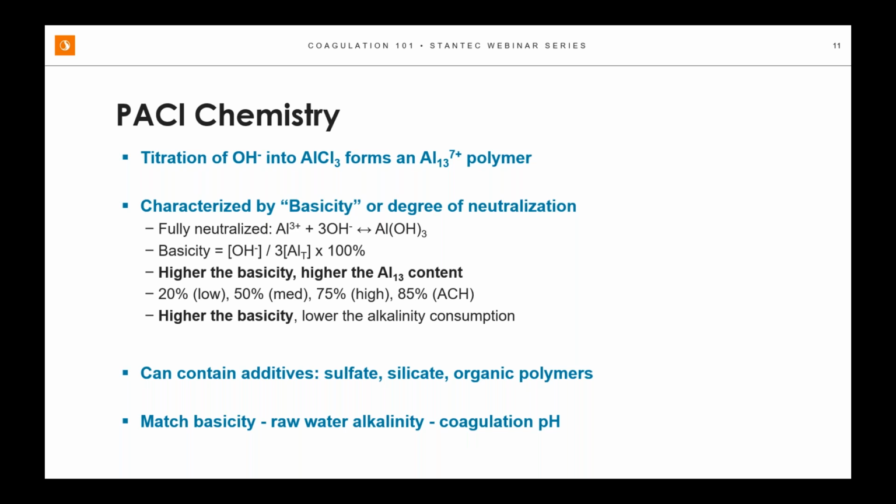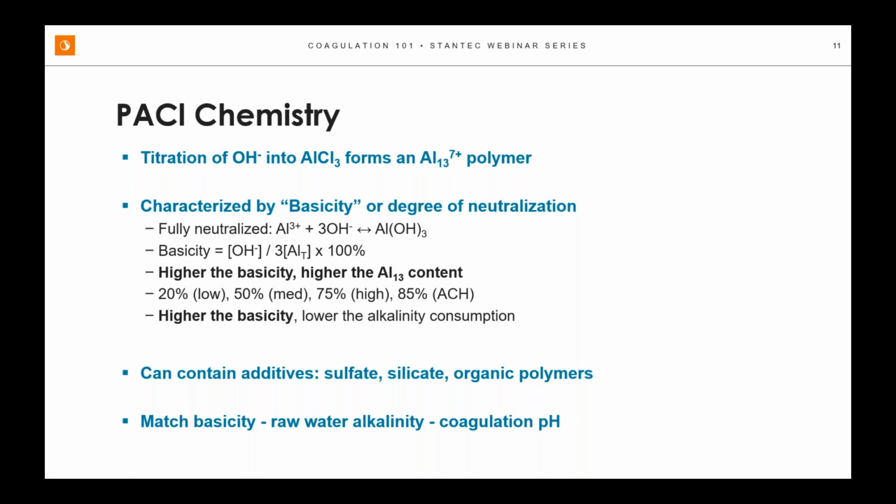So say you're on the East Coast of North America and you have a low alkalinity water with a fair bit of organics, and you needed, say, 30 milligrams per liter of alum. That would consume an awful lot of alkalinity. If you took your raw water and added that much alum, you'd end up consuming all the alkalinity, your pH would drop to 4, and no flock would form.